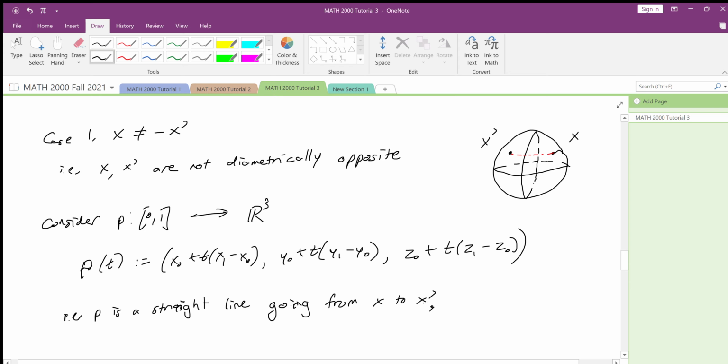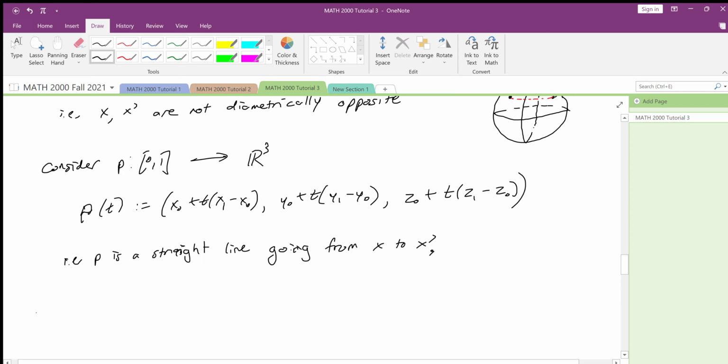But the problem is that this path goes through the sphere. That's not what we're interested in. What we're interested in is a path that goes on the surface of the sphere. So to fix the problem, we can normalize every point inside the path P. When we normalize it, everything will have length 1, and therefore everything will be on the unit sphere.